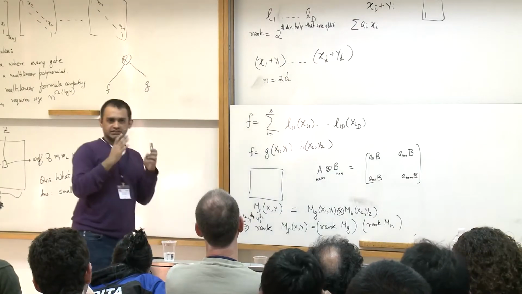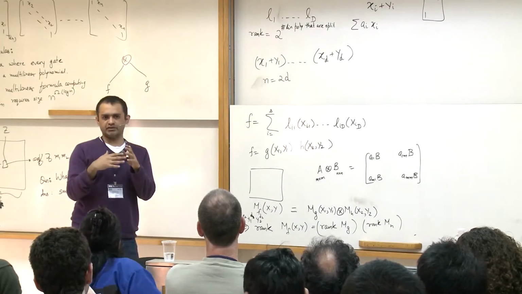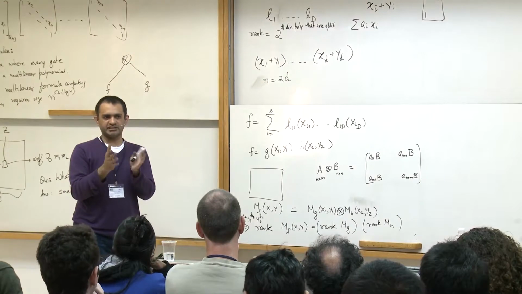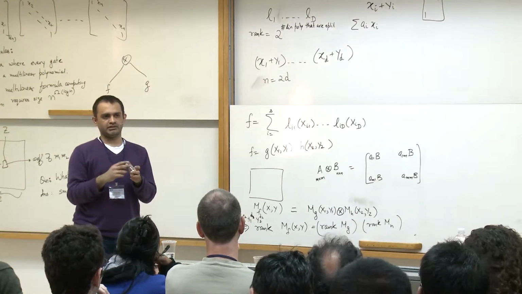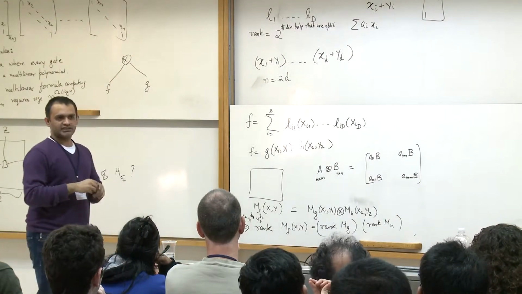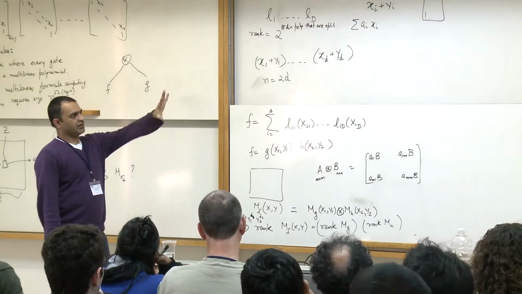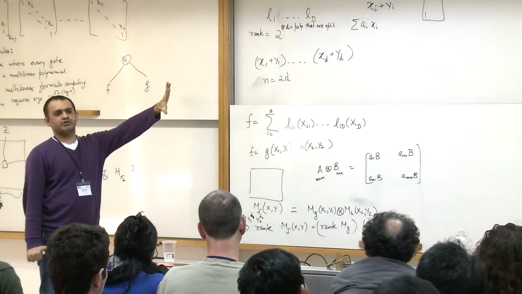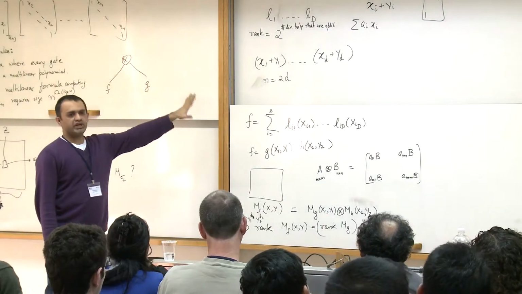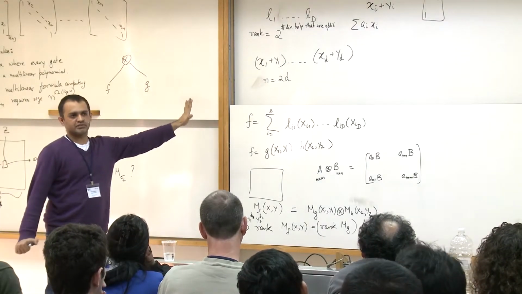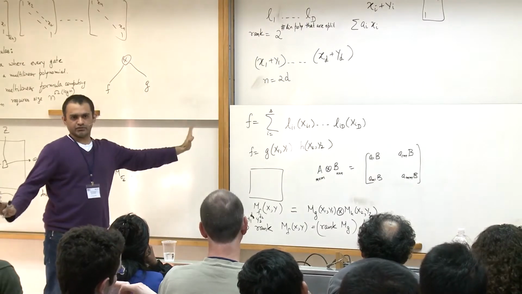The number of variables, the regime of parameters we'll be looking at, will be something like twice the degree of the polynomial. So the determinant is not a good answer, but we'll project down the determinant. But for now, just think of it as a random 2d-variate polynomial of degree d, which is multilinear. And we are trying to prove a lower bound for those things.